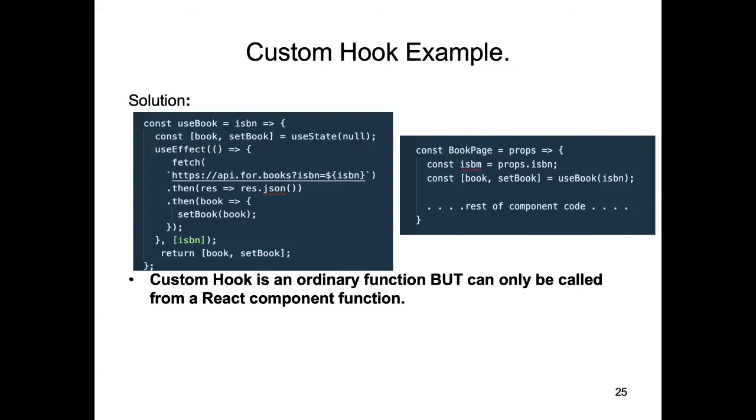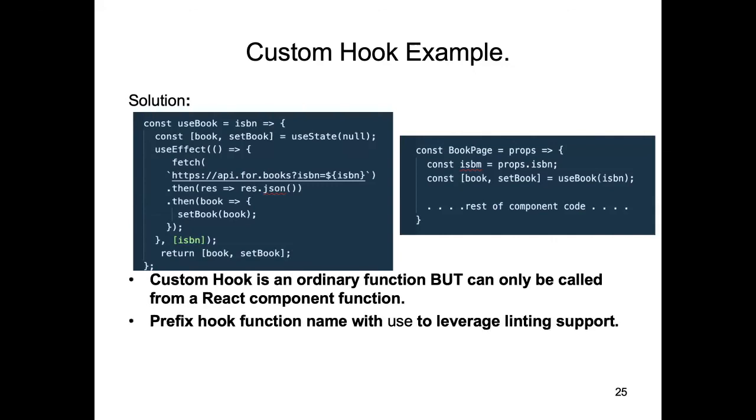So my custom hook, as I'm saying, is an ordinary function, but it can only be invoked from the top level of a React component. I prefix its name with use so that the linters that come with the Create React app check to make sure that I'm using this custom hook properly, or that other people use it properly.